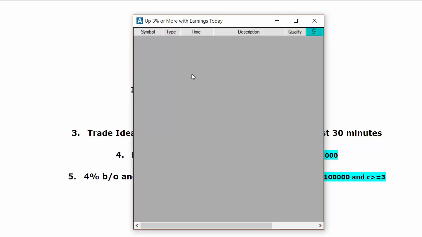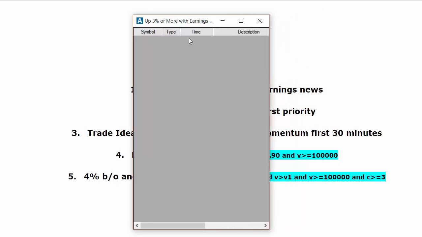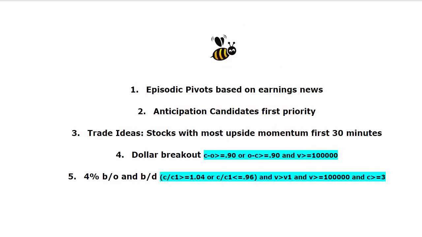These are stocks which had earnings either last night or this morning, so you know every stock which is up on earnings at a quick glance. This is the software I use for finding these kinds of earnings plays. So that's one element of the process, which is to find episodic pivots using either the biggest gainers or the up on earnings scan.